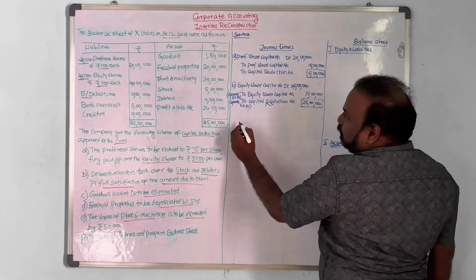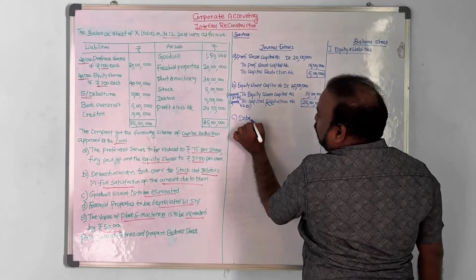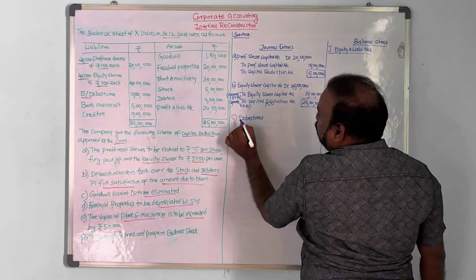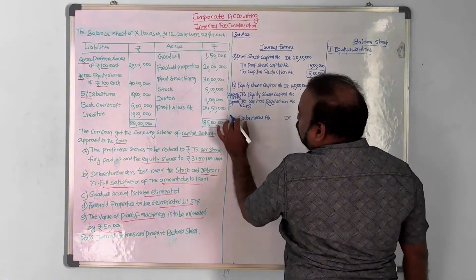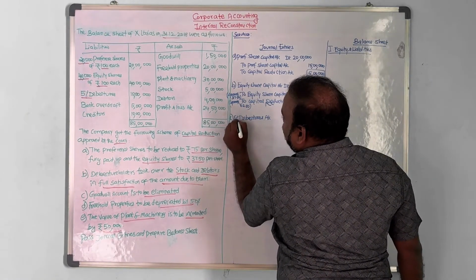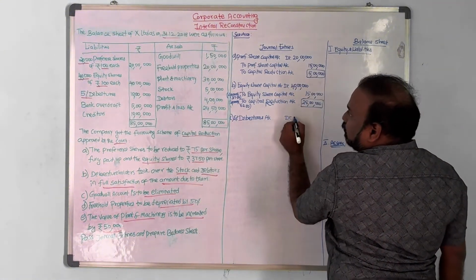The next, third one: debenture account debit. 5% debenture account debit 10 lakh.